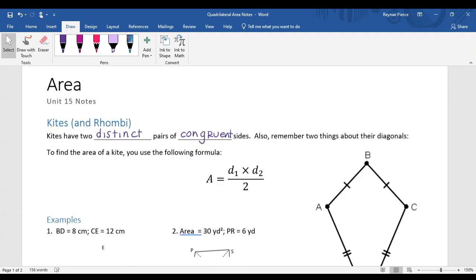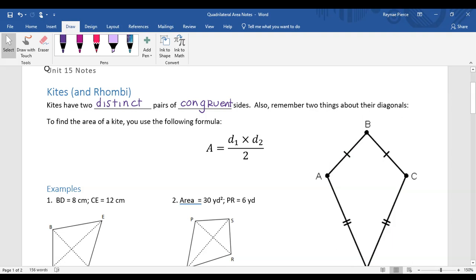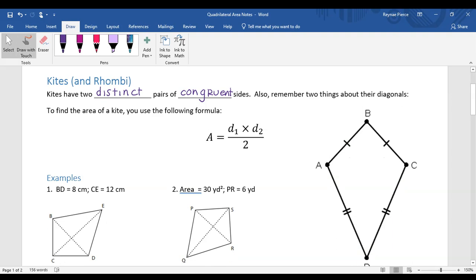Okay, and to find the area of a kite and a rhombus, actually, you multiply the lengths of their diagonals and then divide that by 2. Okay.